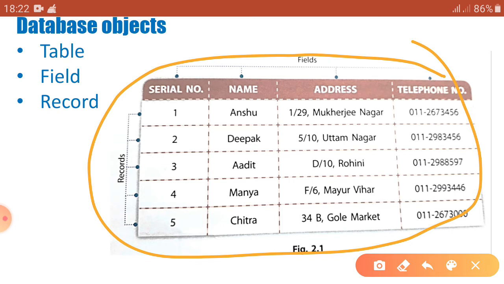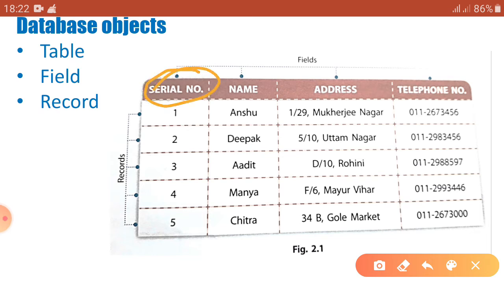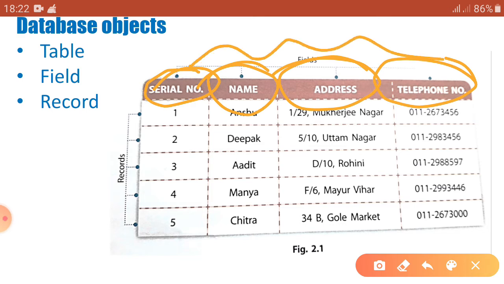Okay, got it? The next database object is the field. What is a field? A column in a table is called a field. Here all the columns, serial number, name, address, telephone number, are known as the fields of the table. And what are records?